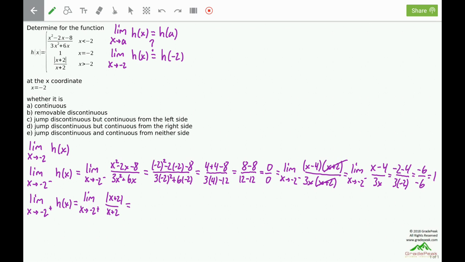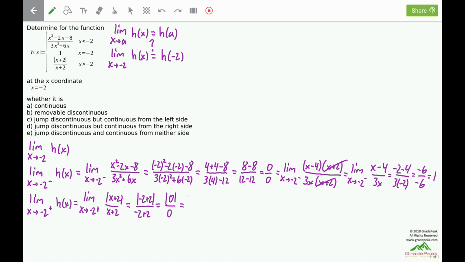The next thing to do is try plugging a negative 2 in for each of the x's. That'll give us the absolute value of negative 2 plus 2 all over negative 2 plus 2. Negative 2 plus 2 is a 0, so we'll have the absolute value of 0 over 0.